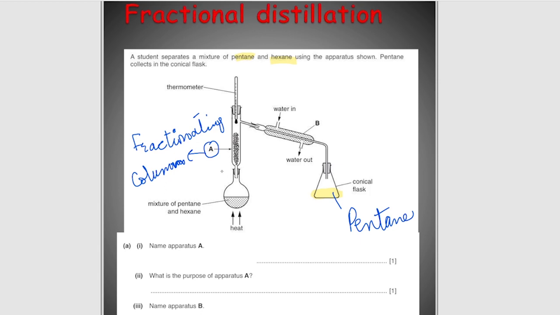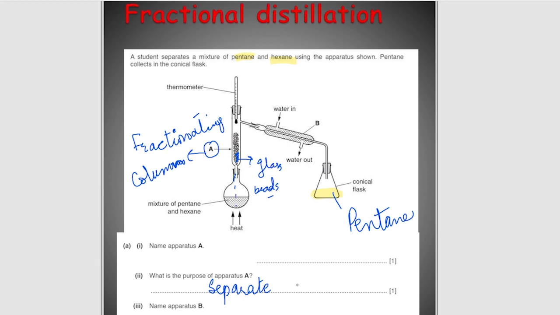The purpose of apparatus A is to separate the components of the mixture. Actually, the way it separates is that glass beads are present here. The purpose of the glass beads is to condense the vapors which have not reached their boiling point. They condense back to solution.